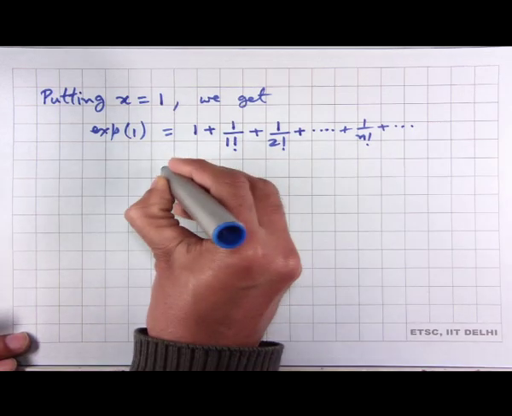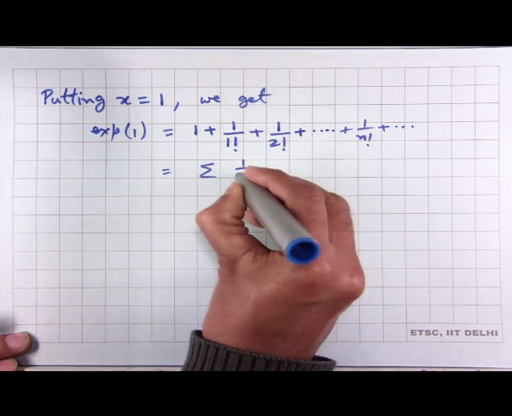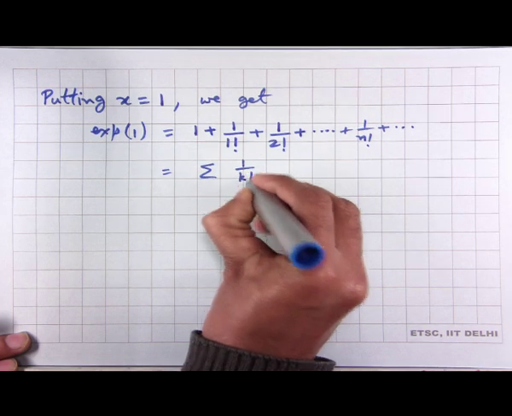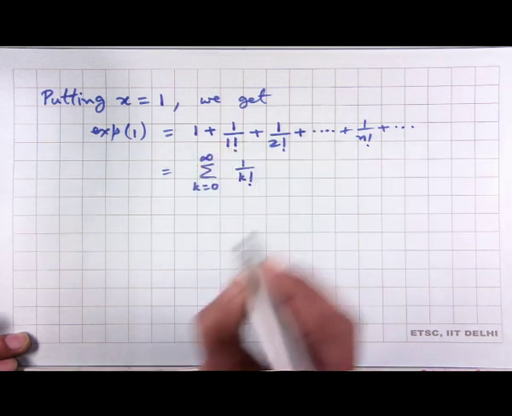This I can write as summation of 1 over k factorial, k running from 0 to infinity.